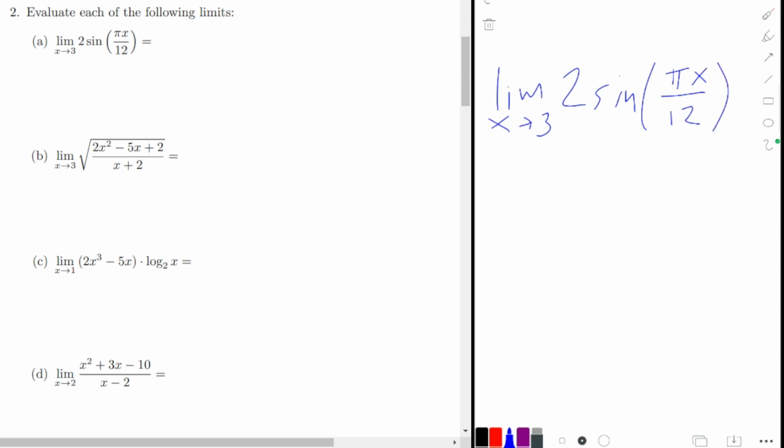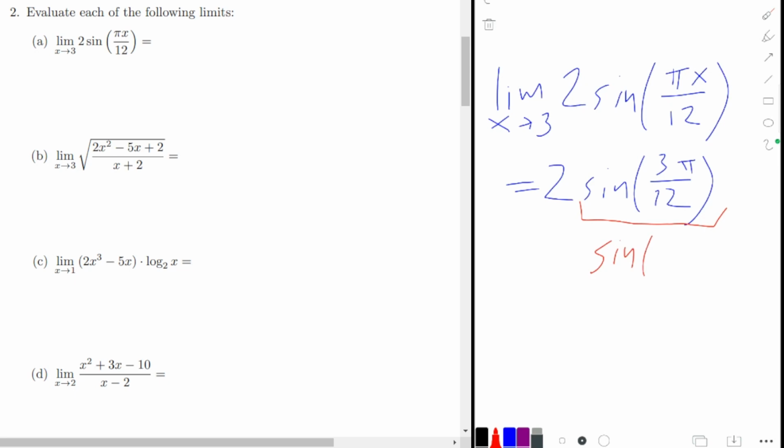So this one does work with direct substitution. This is literally just 2 times the sine of 3 pi over 12. What's that equal to? This is equal to sine pi over 4, which is root 2 over 2. So if we multiply that by 2, what do we get in the end?